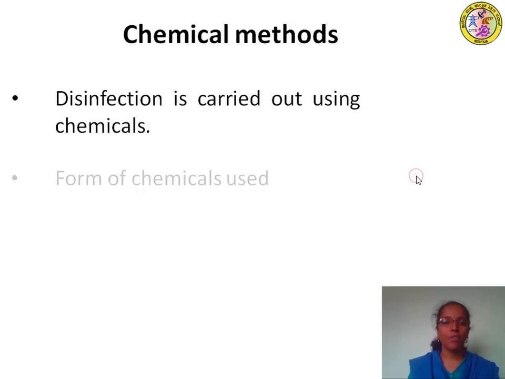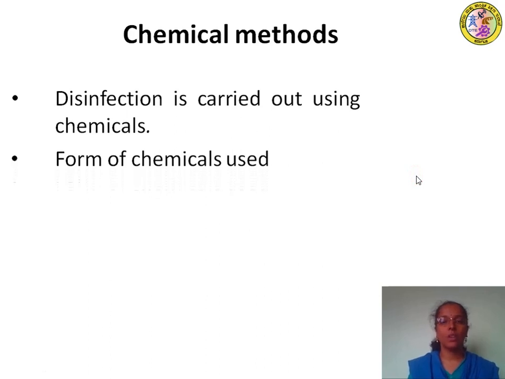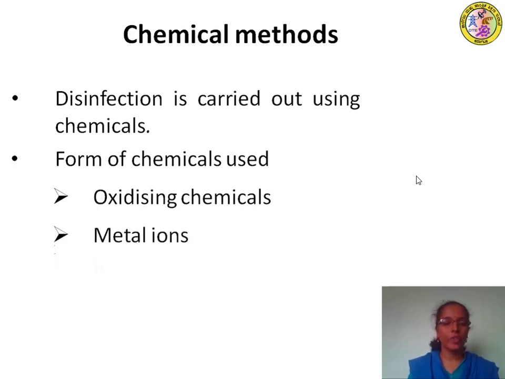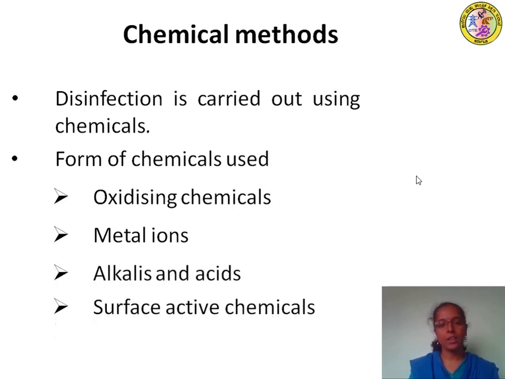The different forms of chemicals that can be used to disinfect water are oxidizing chemicals, metal ions, alkalis and acids, and surface active chemicals.